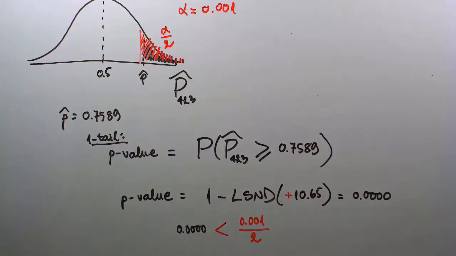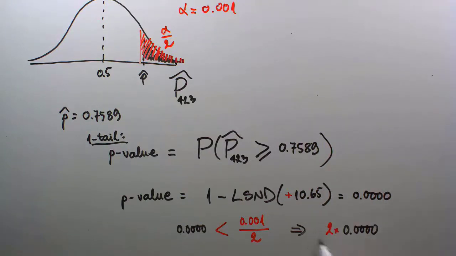Then this would be the same as, if we multiply both sides by 2 to make things a little simpler, then we're looking at 2 times our one-tail p-value, and then that's total.